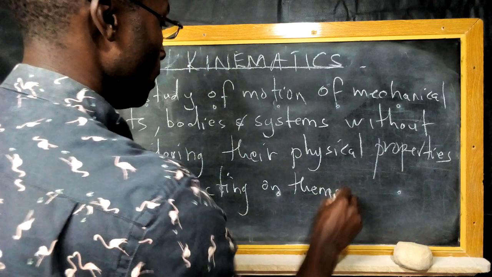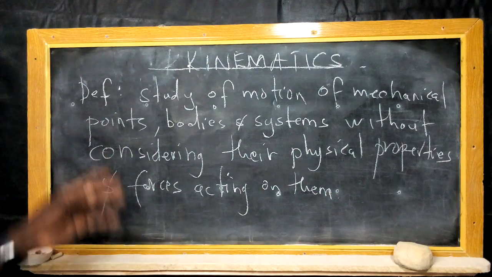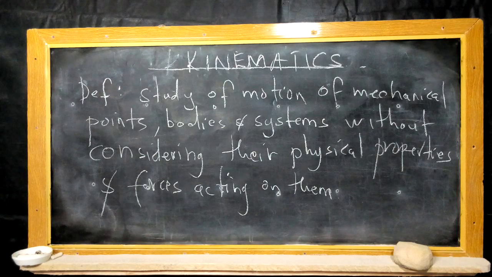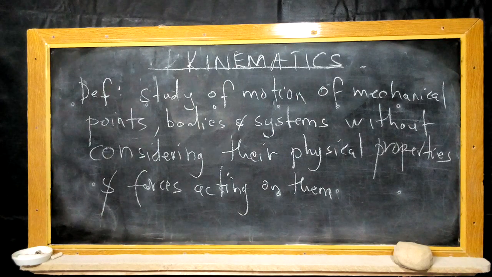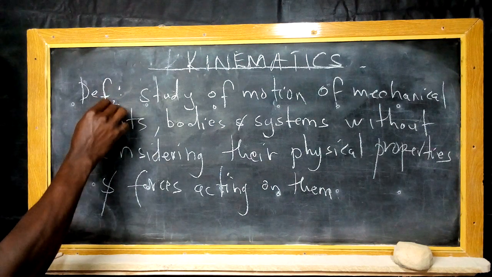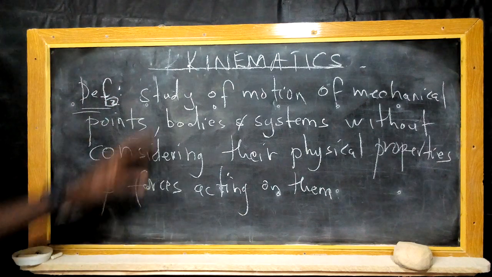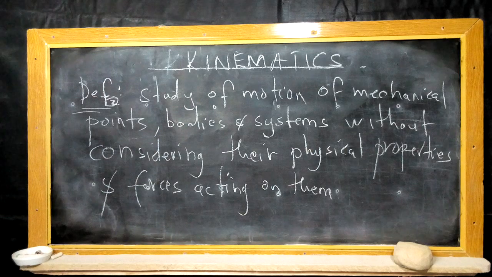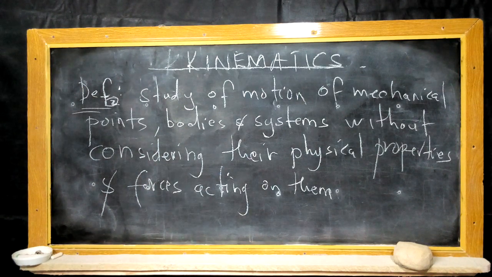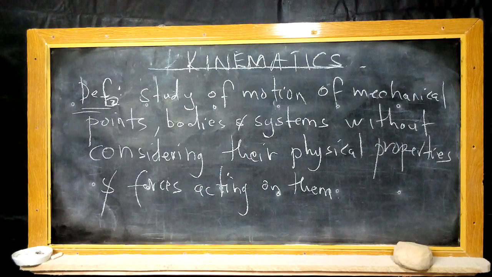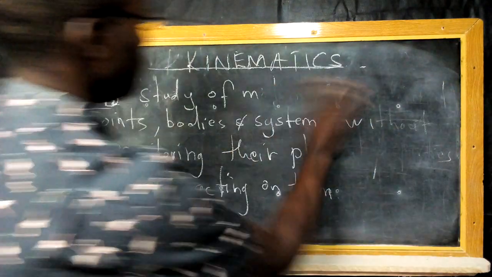So that is the broader definition of the term. As we said, it's a branch of physics that deals with the study of motion, and we can expand this to a second, broader definition and say that kinematics is the study of motion of mechanical points, bodies, and systems without considering their physical properties and the forces acting on them.